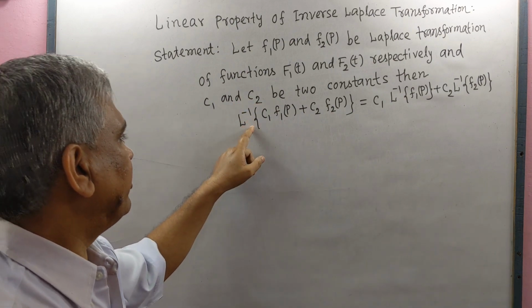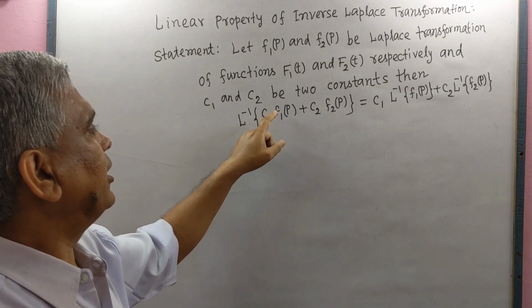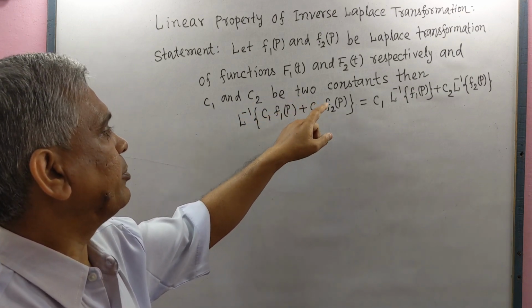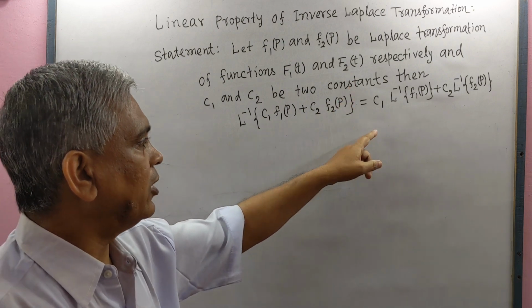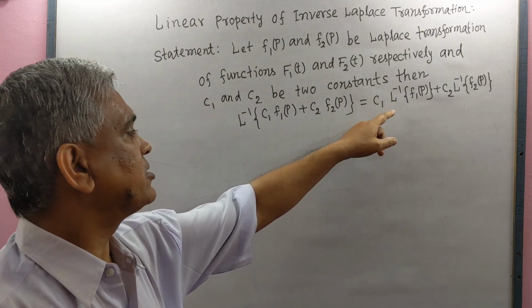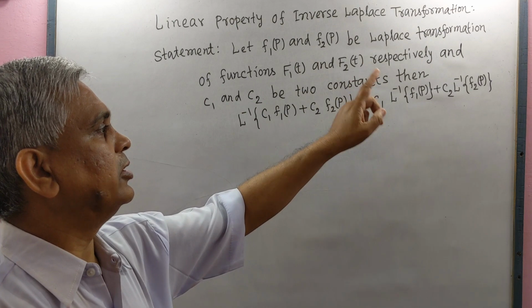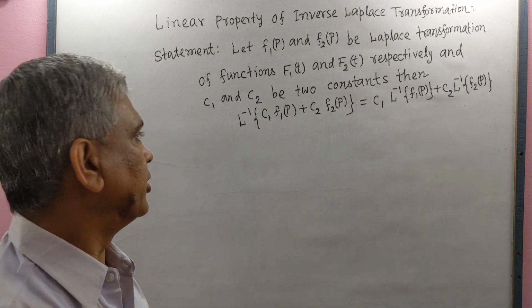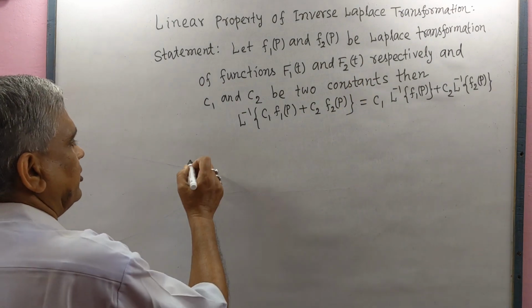Then L inverse {C1 f1(p) + C2 f2(p)} = C1 L inverse f1(p) + C2 L inverse f2(p). We shall prove this.